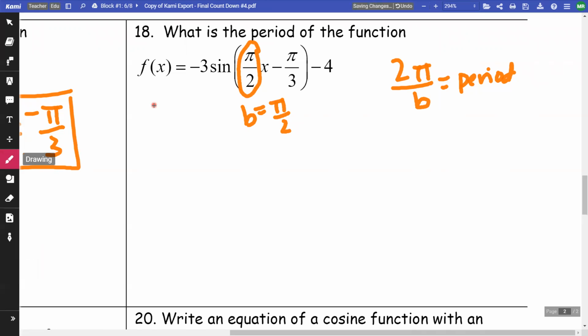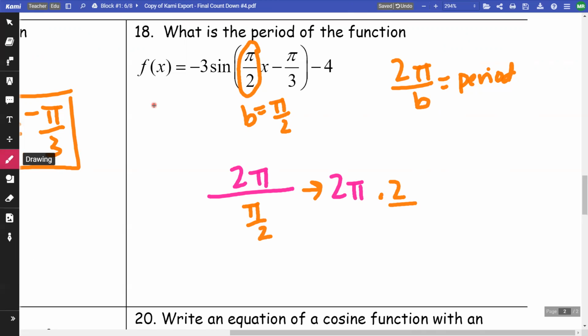So we take 2 pi divided by pi halves. I can change it to multiplying by the reciprocal, and the pi's are going to cancel out. I'm going to end up with 4. That's our period, 4.